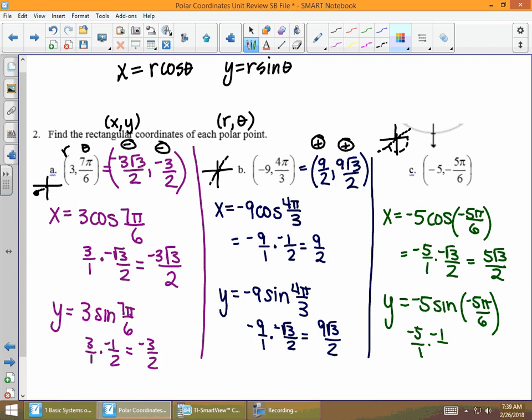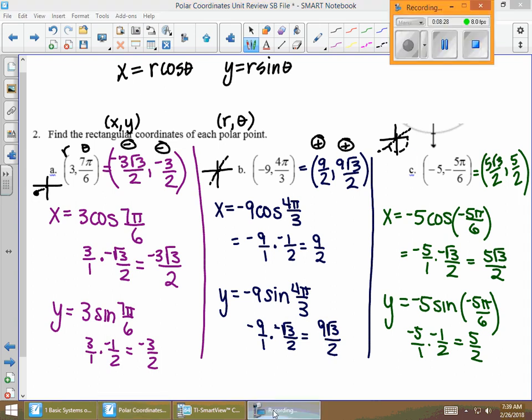It's negative 1/2, and with the negative r it's positive. So that's the same as 5 radical 3 over 2, 5 halves in rectangular, positive. It's a good double check. It's good to use your unit circle knowledge and your knowledge of polar coordinates to make sure that your answer is reasonable. All right, I think that's enough for the first video. I'll do number 3 on the next video.